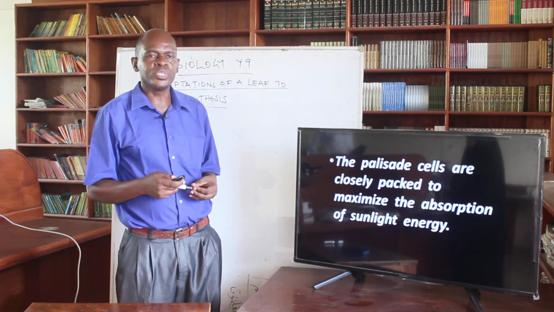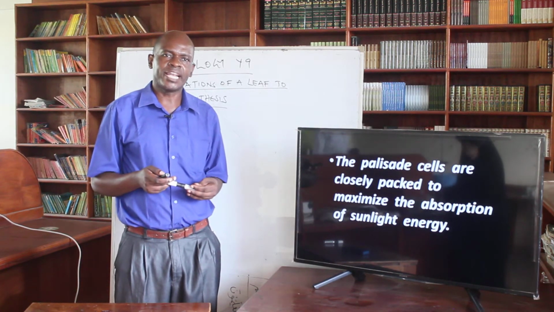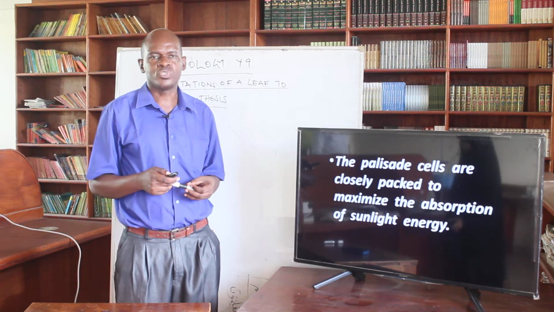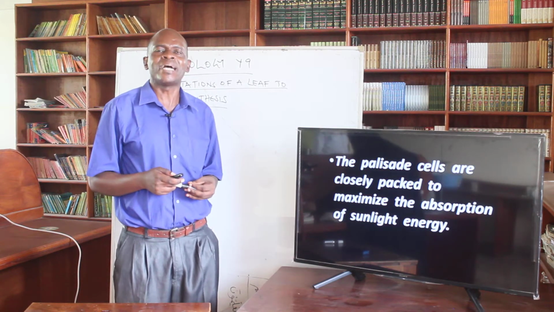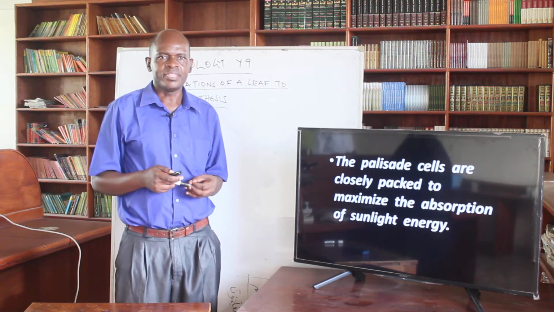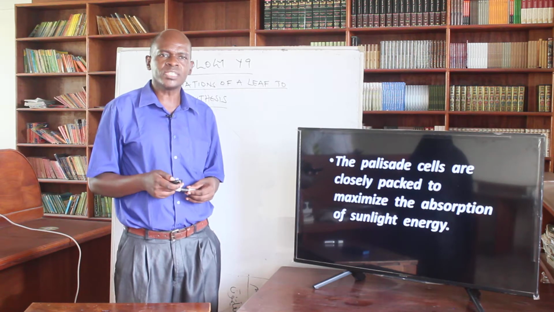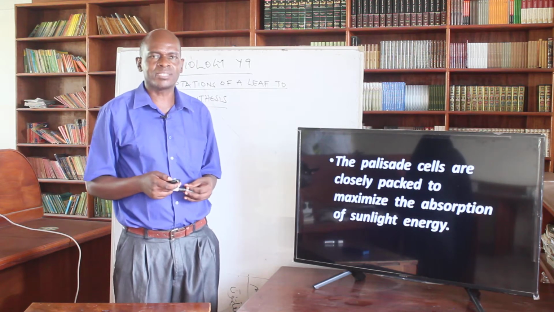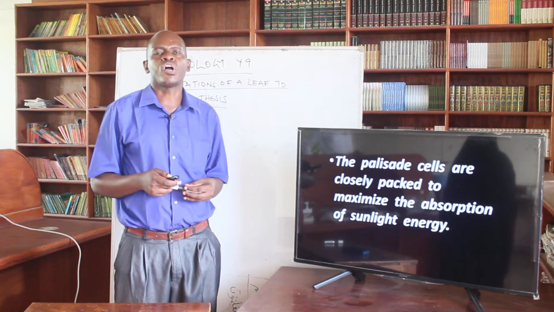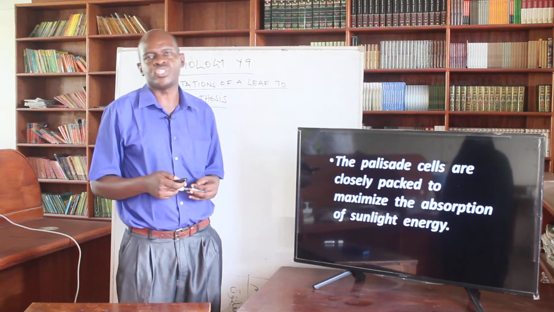Now, the next part that we look at in terms of the adaptation of the leaf to photosynthesis is the Palisade cell. The Palisade cells are closely packed to maximize the absorption of sunlight energy.